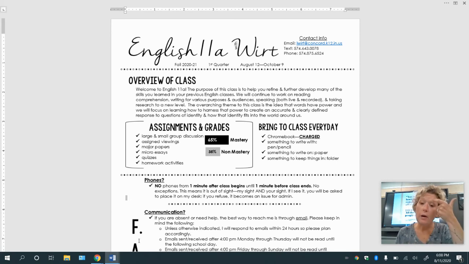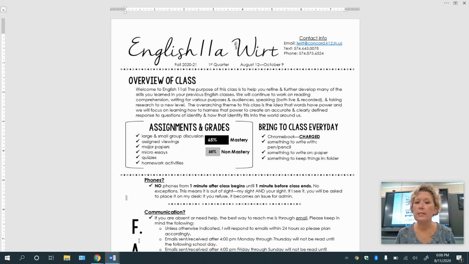My goal is for you to research something that you're interested in, but with a little guidance. I'm working through how to condense the assignment. We'll get to that.